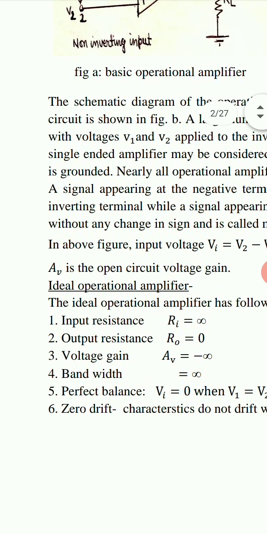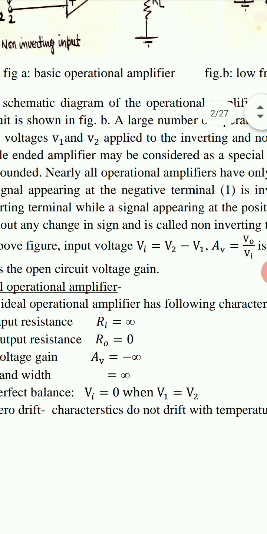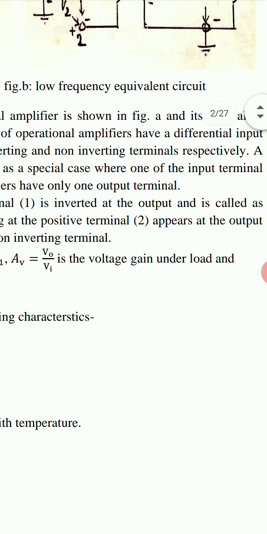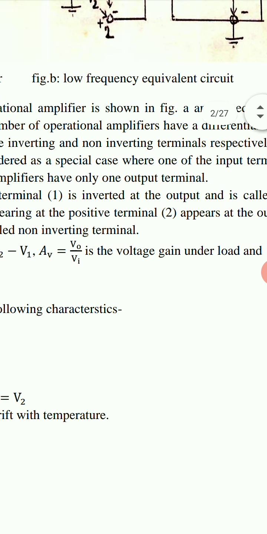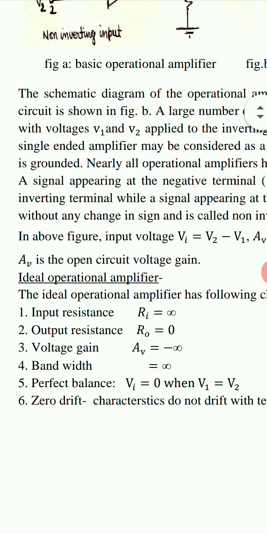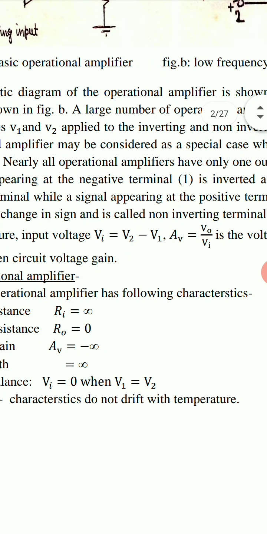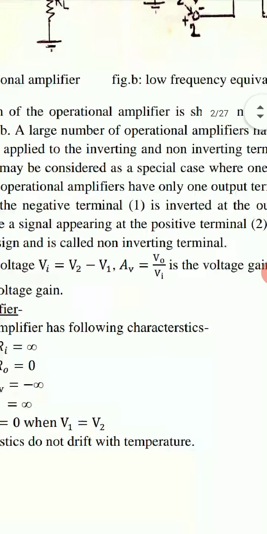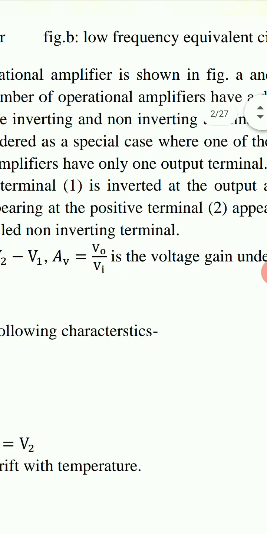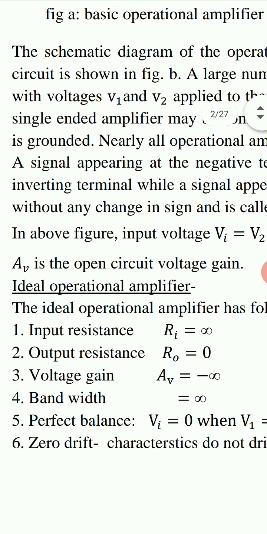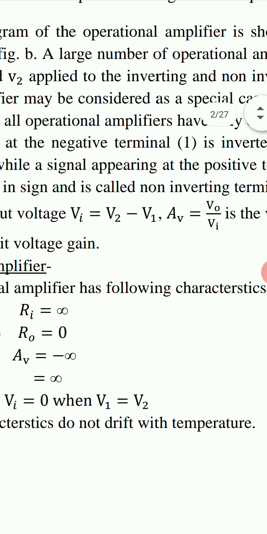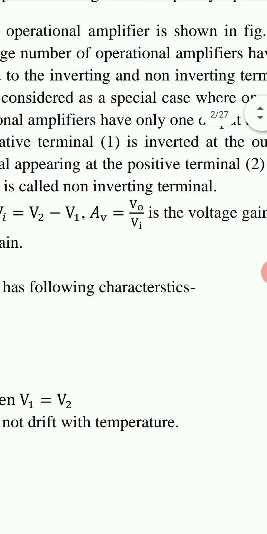A signal appearing at the negative terminal 1 is inverted at the output, and it is called inverting terminal, while a signal appearing at the positive terminal 2 appears at the output without any change in sign, and it is called non-inverting terminal.